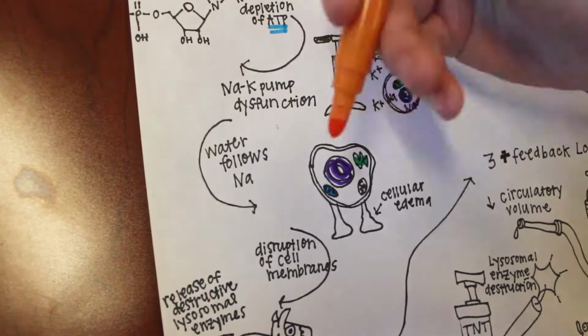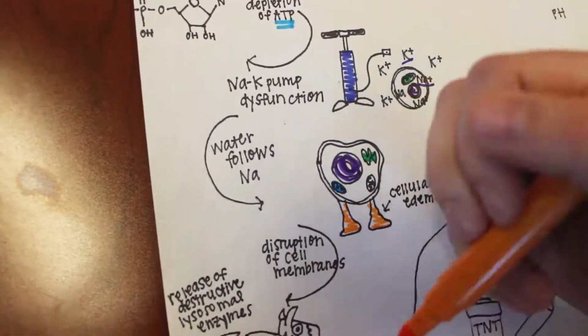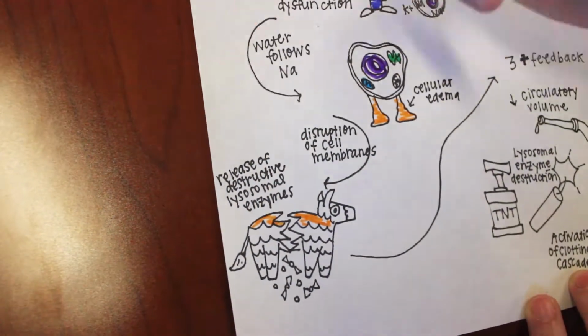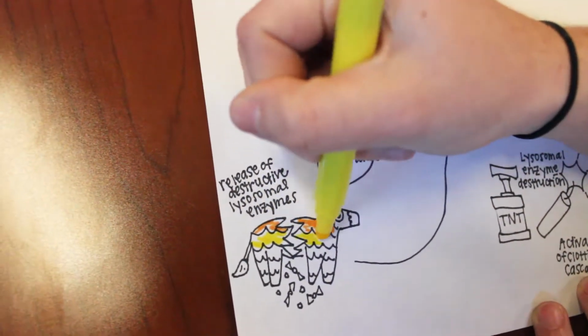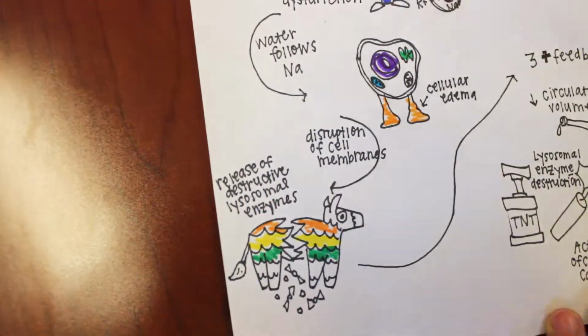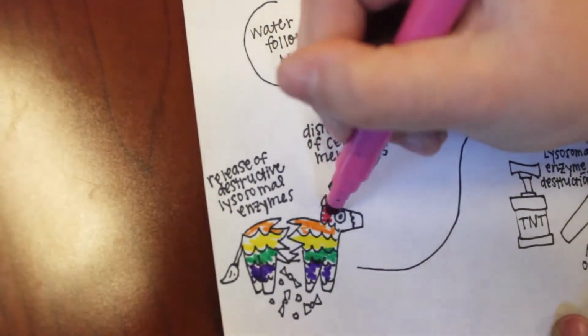As we know, water follows sodium like a magnet. Water will accumulate inside of the cells, which results in cellular edema. This fluid shift depletes the circulatory volume in the vascular system, where it is no longer available for use. Cellular edema will cause the cellular membranes to become disrupted.